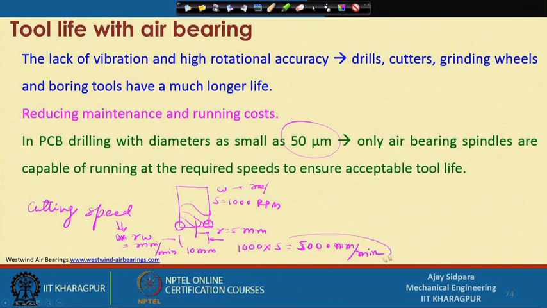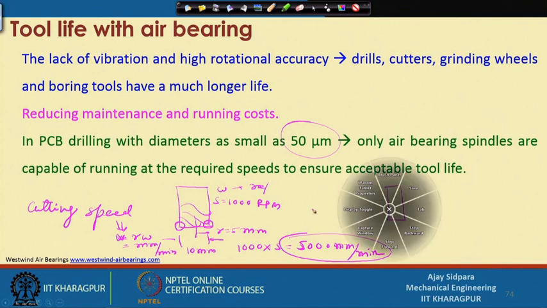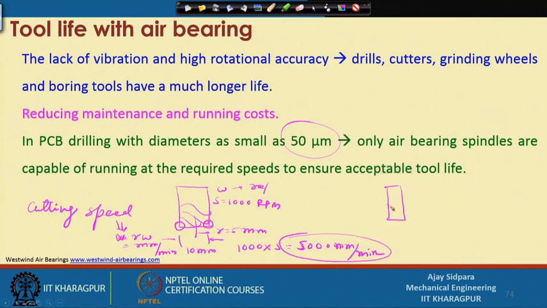So, you are getting 5000 millimeter per minute. Now, consider another tool. Let us not go into too much micron detail, but let us consider 1 millimeter only, and again we are getting the same thing.